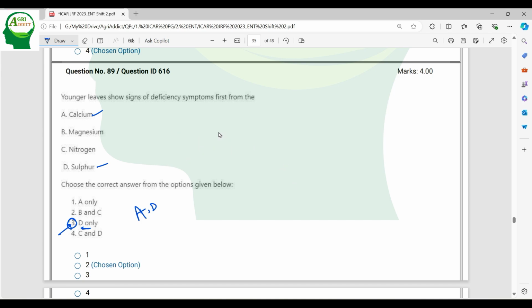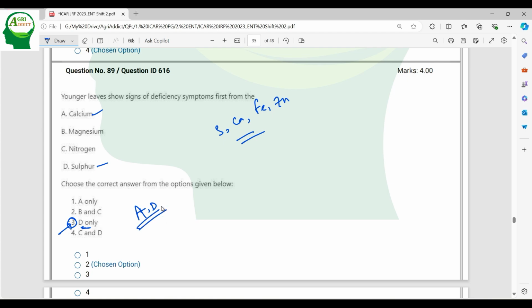Immobile elements, you know, are sulfur, calcium, iron, zinc. So younger leaves mainly show deficiency symptoms first for calcium and sulfur, but here no option has both. In the answer key it is D, but the correct answer should be A and D both.